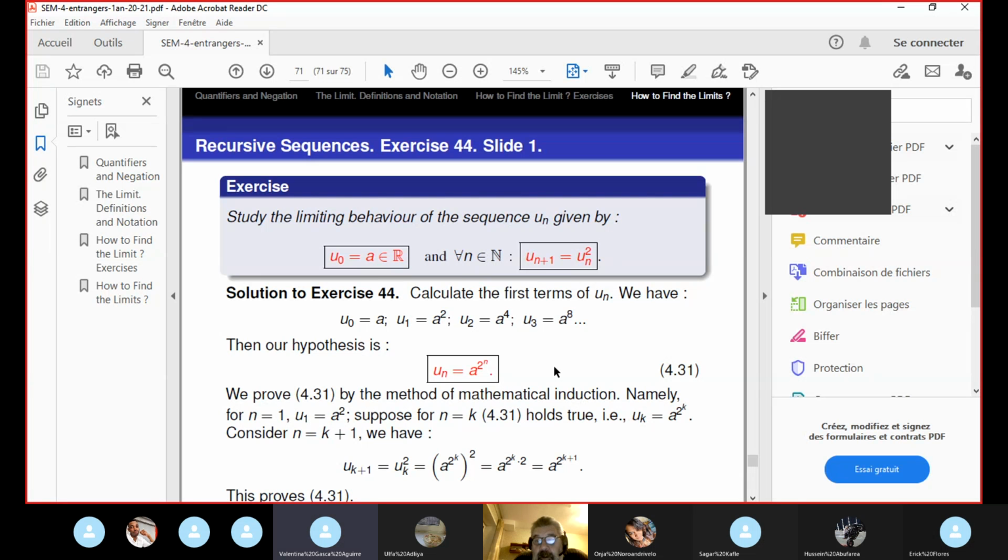If it's minus 1, this absolute value is also 1. So the limit tends to 1. Agree, Valentina? Yes. Is it clear? Yes, Professor, it's very clear now.